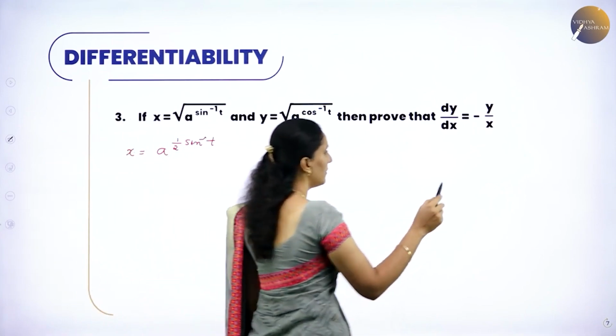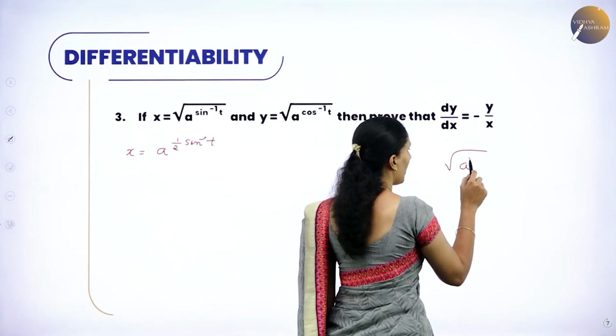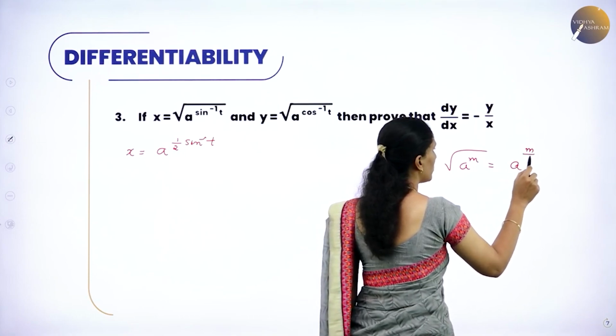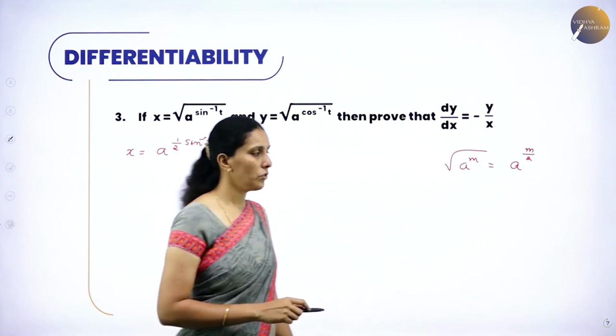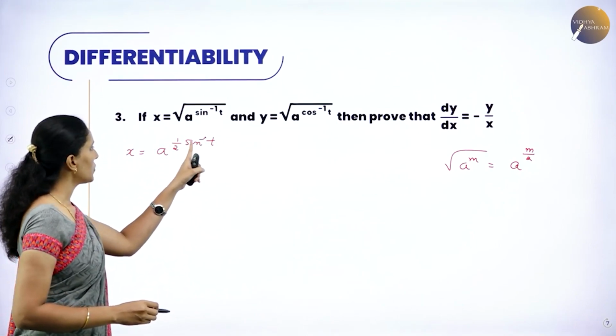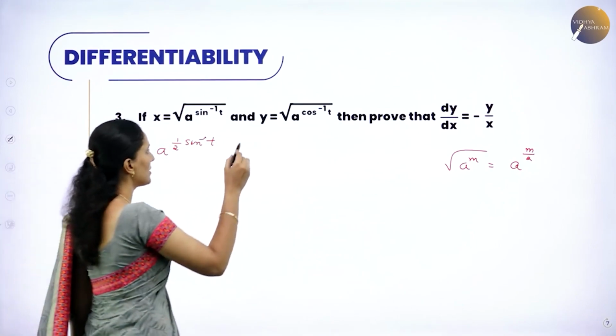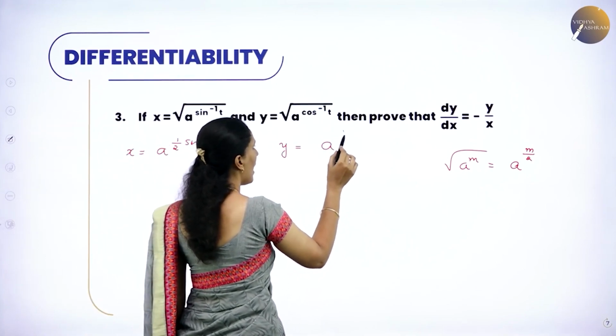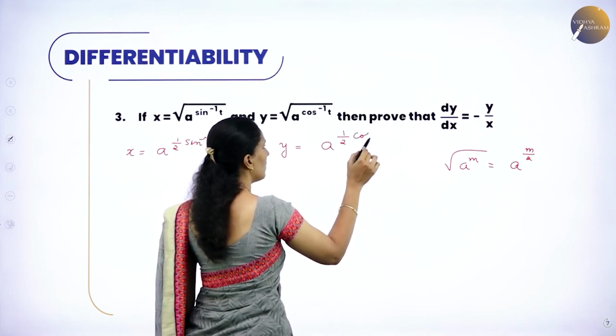So when you have the root a power m, it can be written as a to the power m by 2. So that is half into m. So that is why here half into sine inverse t can be taken. And similarly we can write here y is equal to a to the power half cos inverse t.